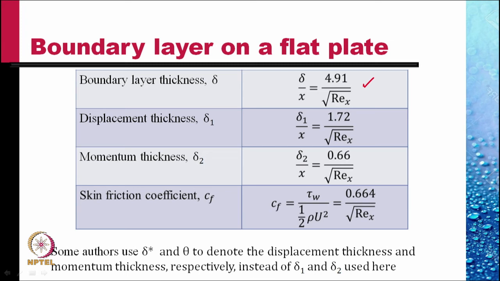Note that some authors use delta star and theta to denote the displacement thickness and momentum thickness respectively, instead of delta 1 and delta 2 used here. So do not get confused if you follow some other authors.